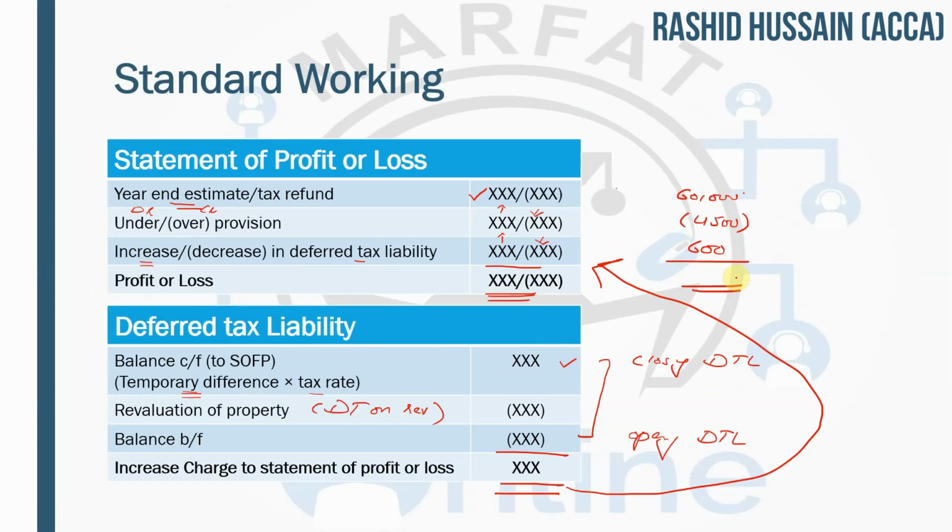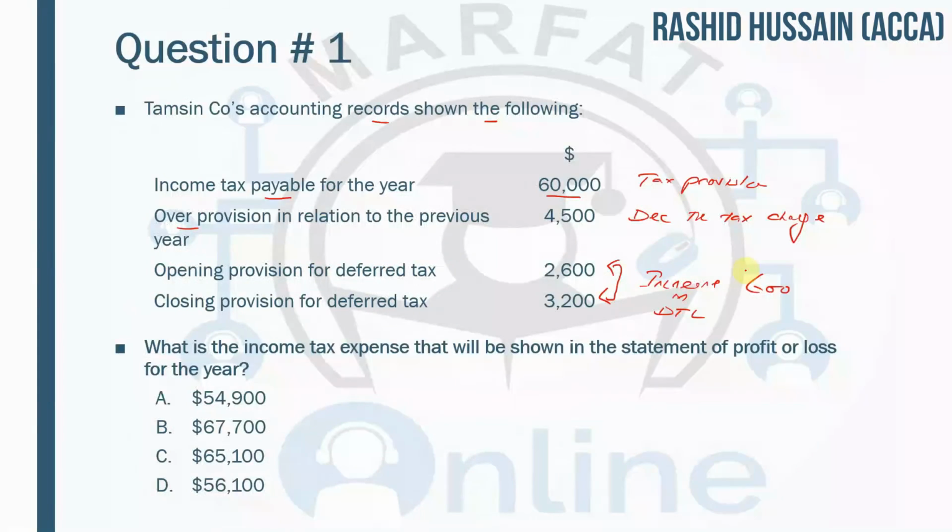Now, what will be the tax charge to the statement of profit or loss? So you take 60,000 minus 4,500 plus 600. It is 56,100, which is the charge to the statement of profit or loss.